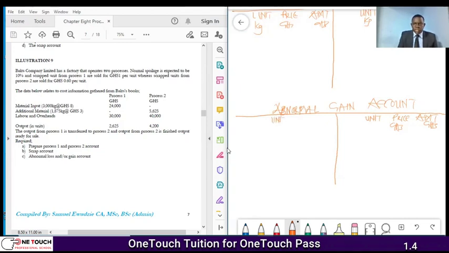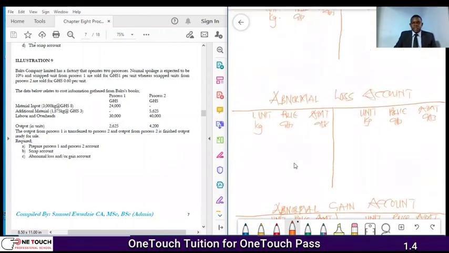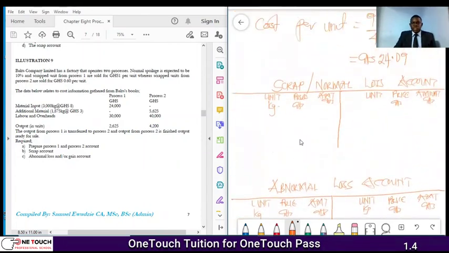Of units, of price, of the amount. All right. Good.